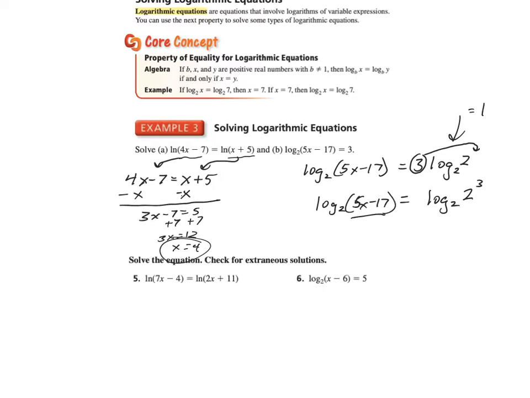Log base 2 of this equals log base 2 of that. That means this must be equal to that. 5x minus 17 equals 2 cubed. 2 cubed is the same as 8. So you add 17 to both sides, and you get 5x equals 25. x must be equal to 5.